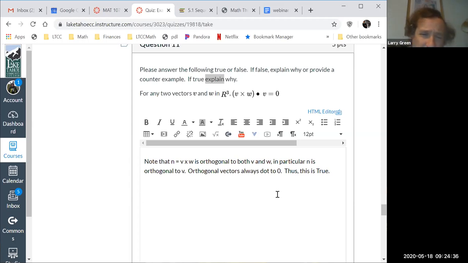The harder way of doing it is to actually say, well, let v be a, b, c, and then w be d, e, f, and actually grind through this. What I found is that of those people who did the grinding through, more than 2/3 of them made a mistake somewhere and thought it was false.